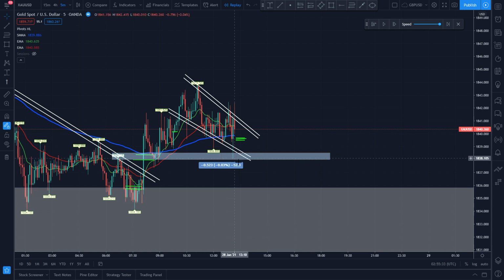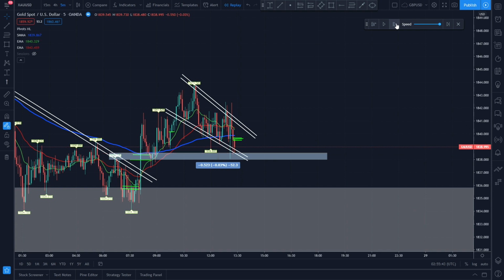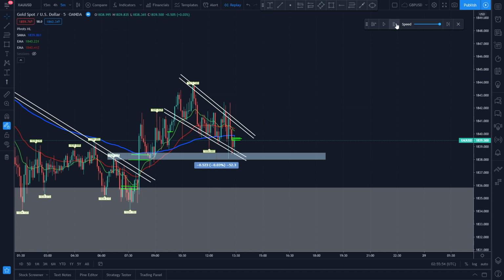And we touched it here, the candle, and we get this nice long wick plus an engulfing candle. So I'm looking at the market now. We get another wick, and then we get a third wick. So in my mind, I'm like, okay, gold is about to go into a crazy bullish movement right now.